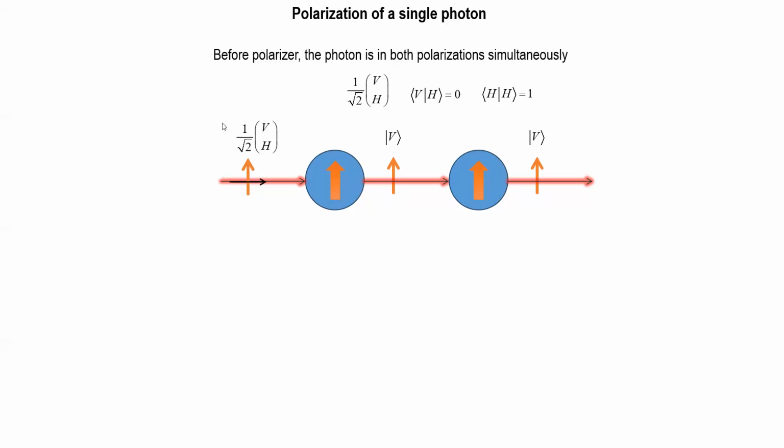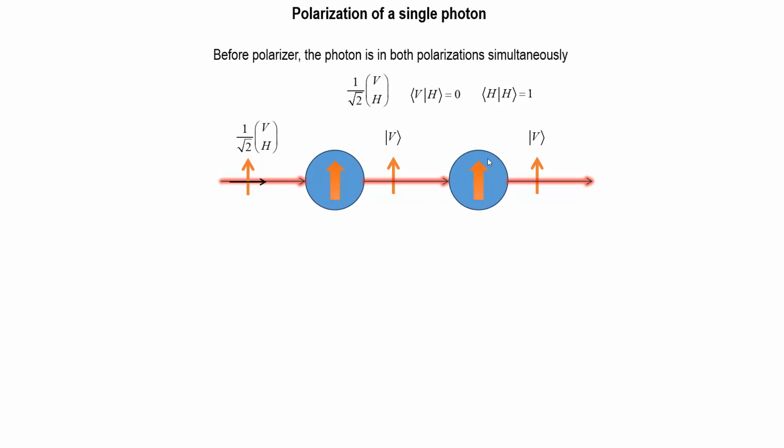So the states are orthonormal, and I can use them as a qubit. This picture demonstrates what I basically said. If, for example, at the input of a first polarizer you have the superposition of vertical and horizontal states, after the first polarizer, which is set in the vertical direction, it allows only the vertical polarization of a photon to go through.